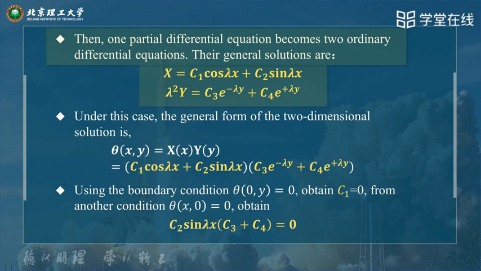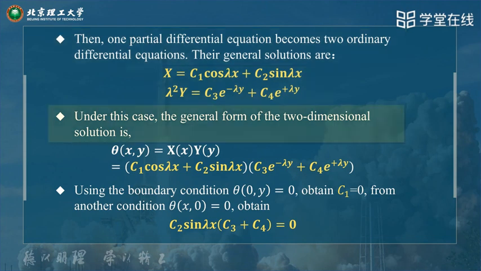We obtain X equals C1 cosine lambda x plus C2 sine lambda x, and Y equals C3 e to the power minus lambda y plus C4 e to the power lambda y.